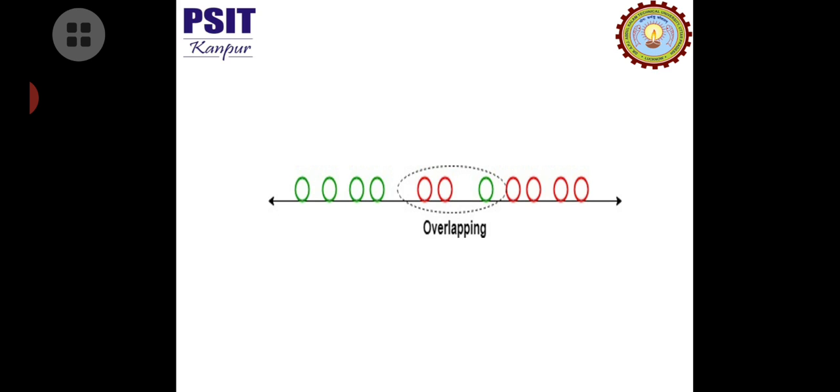Now in this diagram, we have two classes, class A and class B. Class A is represented by green color and class B is represented by red color. So if you are taking only one feature for the separation process, overlapping may occur. It is easily visible in the diagram.